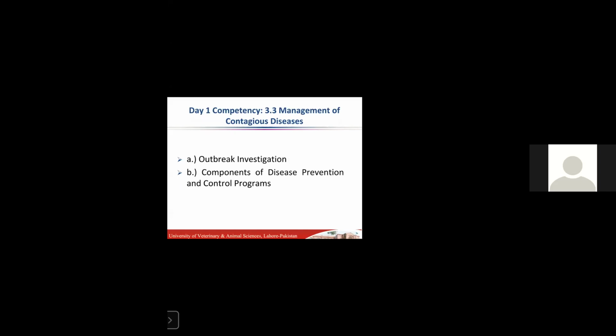And he must have the knowledge of outbreak investigation and all the components of disease prevention and control. And in advanced food hygiene, he must have the knowledge of residue testing programs, animal product traceability, and food safety. And he must have the knowledge of risk analysis, risk assessment, risk management and risk communication.